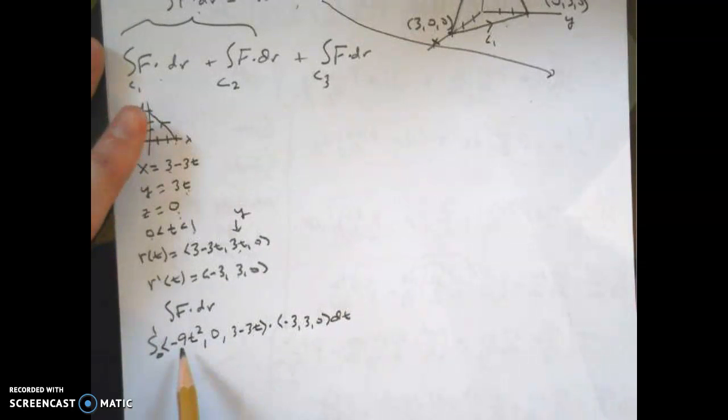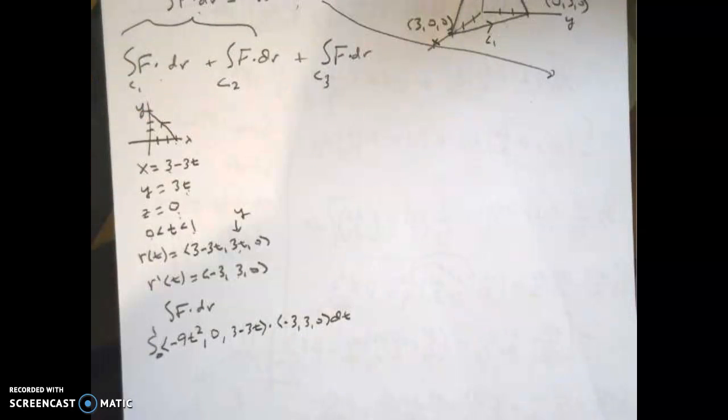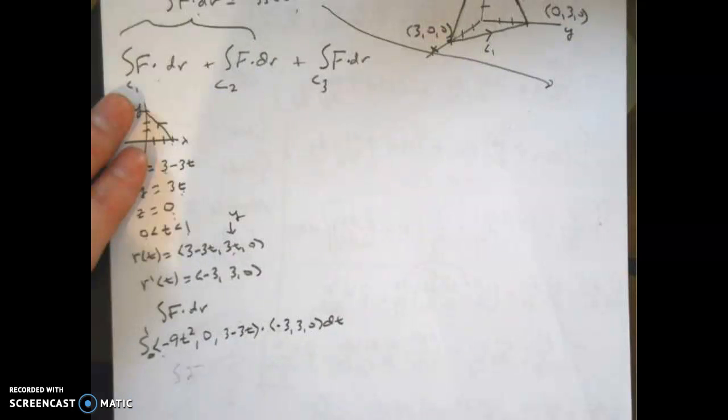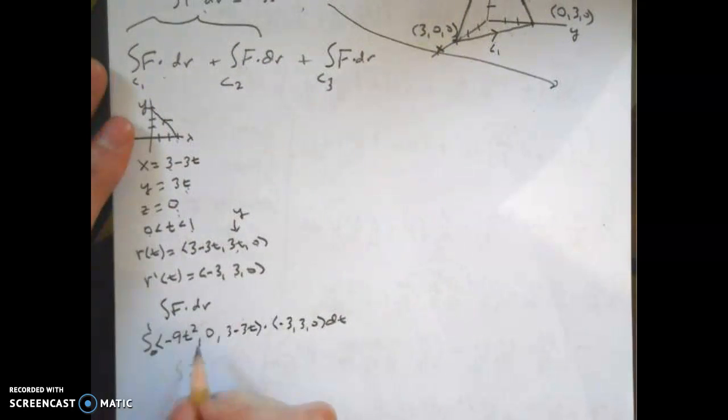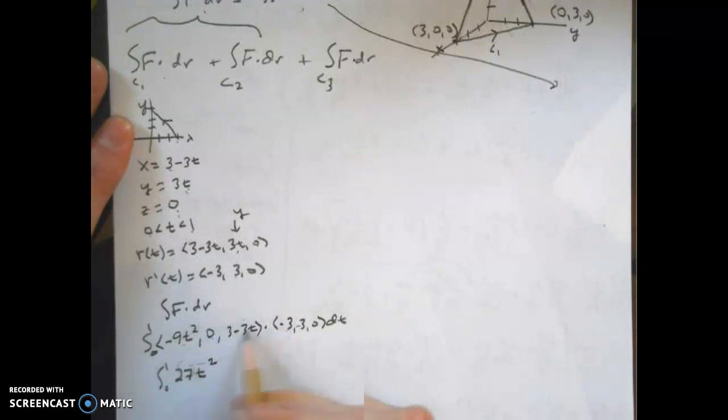We do the dot product and get the integral from 0 to 1 of 27t squared, and then I get a 0 and a 0.